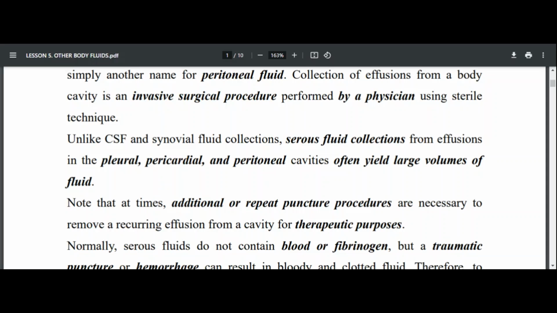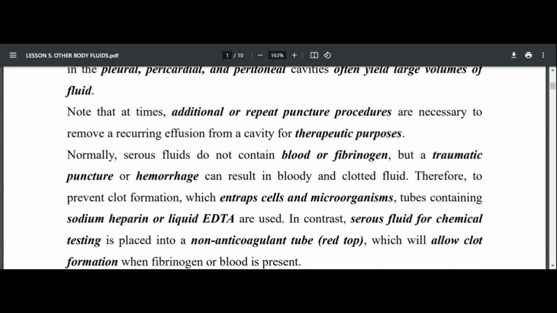At times, additional or repeat puncture procedures are necessary to remove recurring effusion from a cavity for therapeutic purposes. Sometimes we can even perform therapeutic paracentesis in order to remove excess body fluids from those cavities.